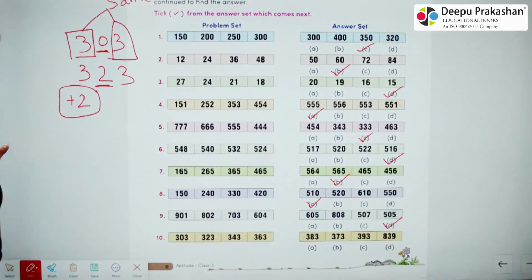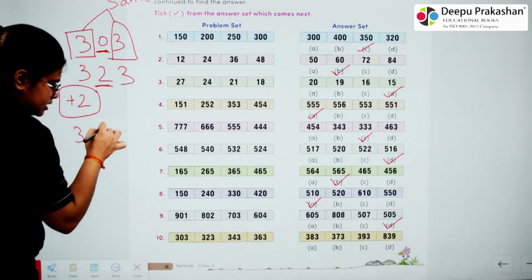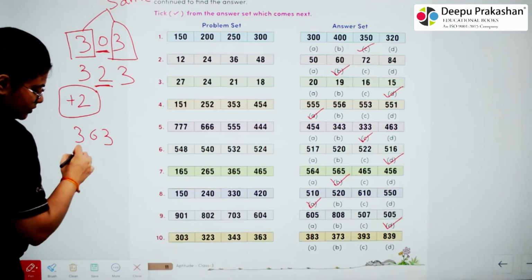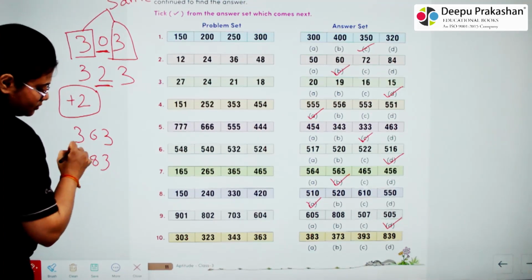So the number that will come after 363 will be 383.